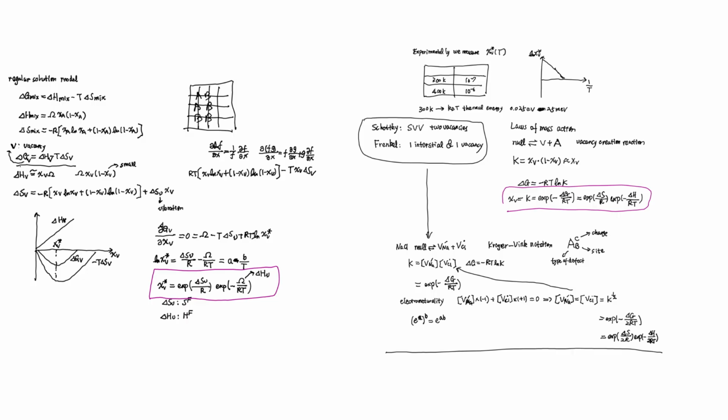Yes, how are you going to fit it? To fit ln XV with 1/T, because this is a linear equation, and then we can get the numbers for delta SV and omega.